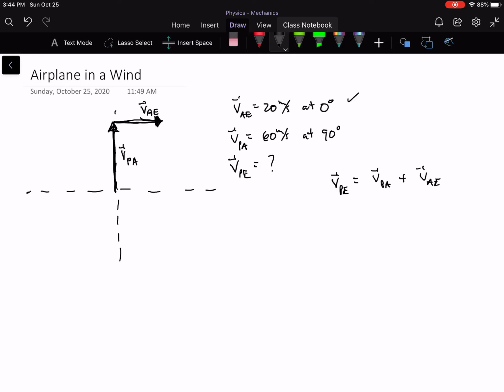We use this pattern because the air reference frame doesn't appear on the left-hand side, and also P is in the first position on both sides, and E in the second position in the second term.